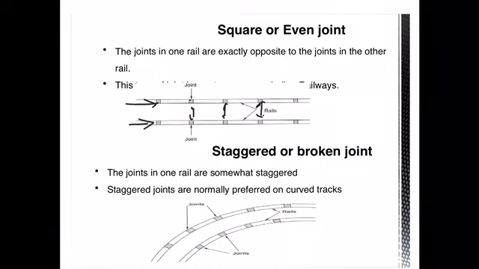The next type of joint is the staggered joint. As you can see here in the picture, the joints are staggered in position. This type of joint can also be called the broken joint, and this will be provided normally on curved tracks, whereas the square or even joints are provided on the straight track.